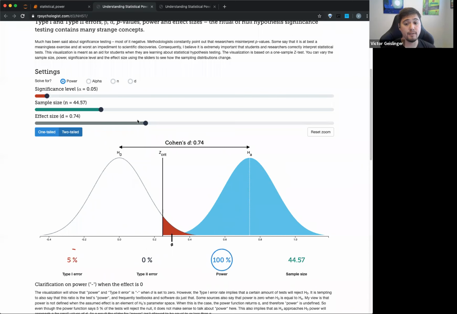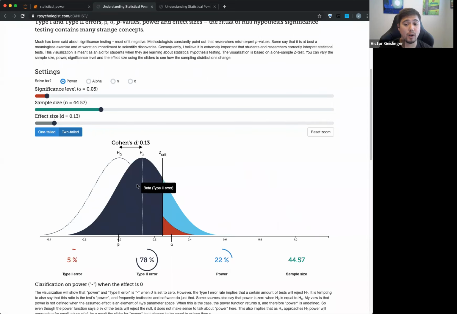If we have a very, very small effect size, that could either mean the means are relatively close, or the standard deviation is much bigger, and we're going to have a lot more crossover. So you can see here there's a lot of crossover where we'll accidentally say null hypothesis, even though there's an actual difference between the null and the alternative.